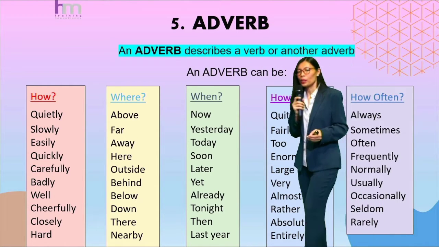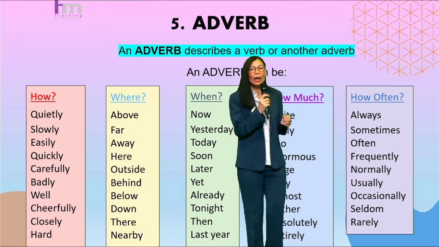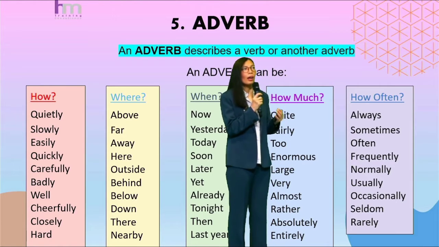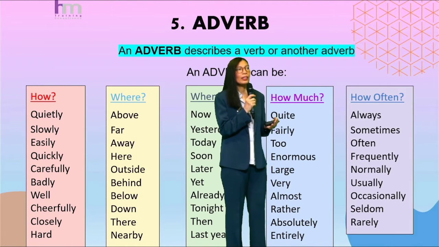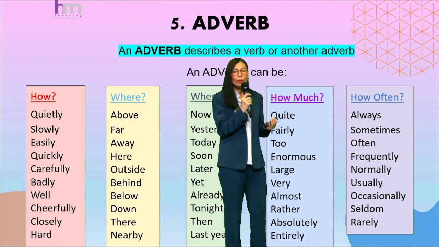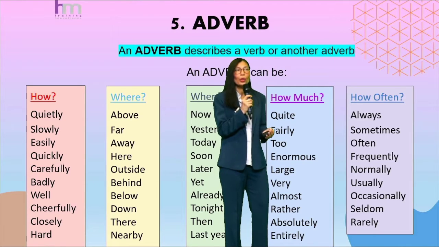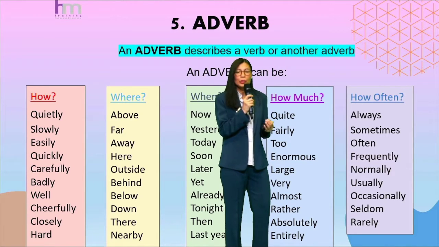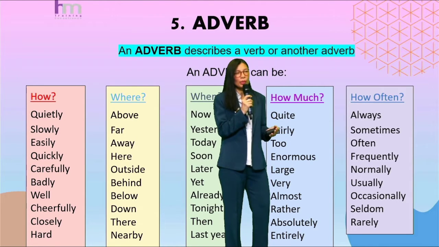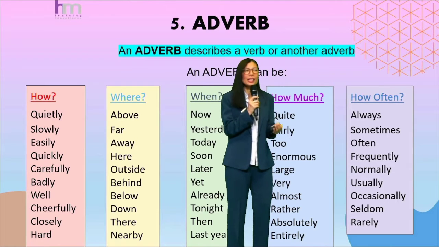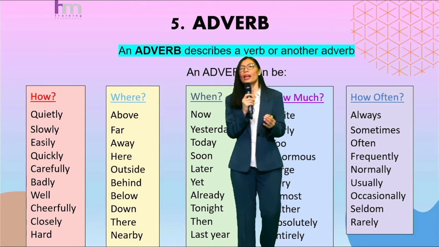The last one is how often. Basically, you can use the words always, sometimes, often, frequently, normally, usually, occasionally, seldom, rarely. Again, there are a lot of words there that end with ly.